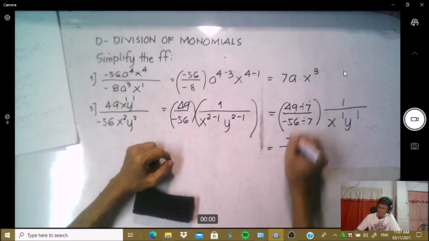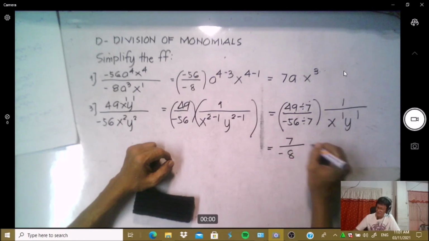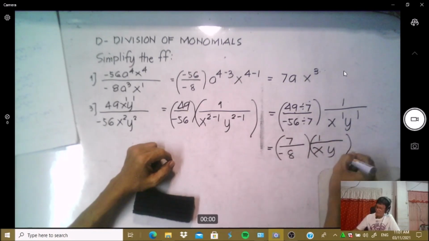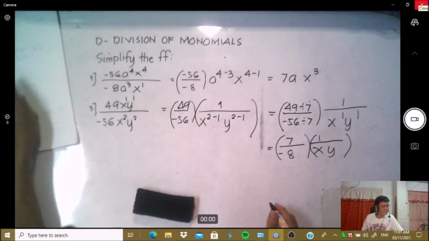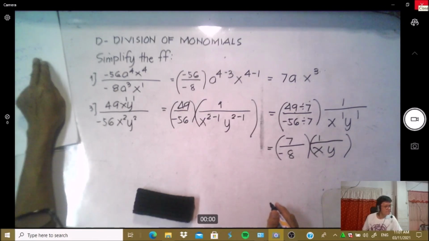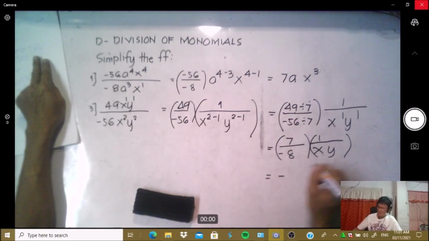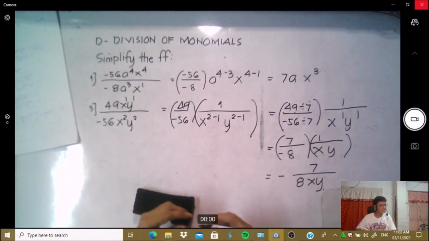And we have 56 divided by 7 is negative 8. Then we have 1 over xy. So our final answer should have been negative 7 over 8xy. So there should be negative sign.